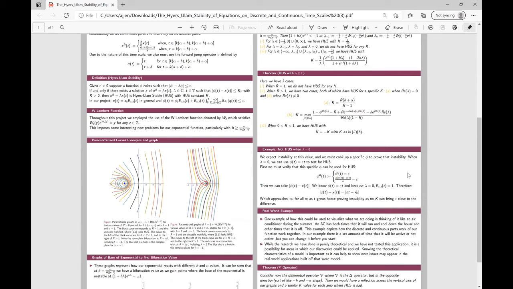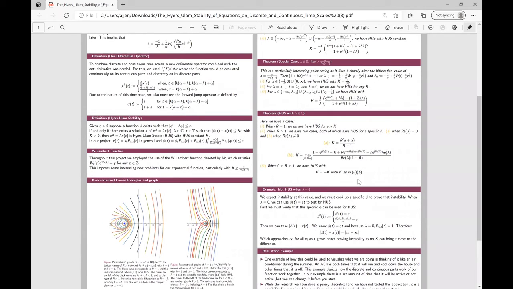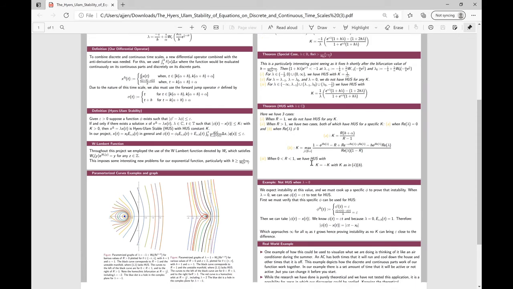And then again, we did find Hyers-Ulam stability when we have 0 is less than r, or when r is between 0 and 1, with k equal to negative k, when we observe k as the part to b here, which is that same large function I just read off.